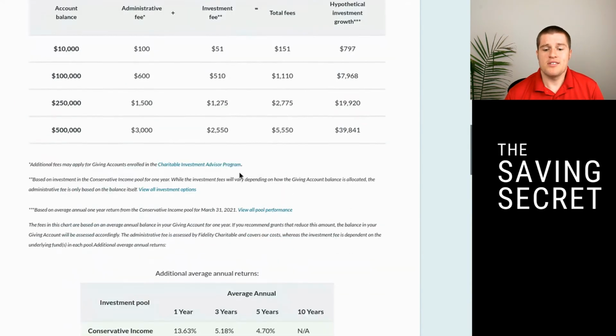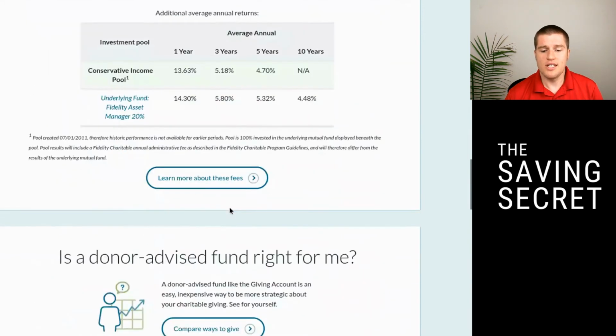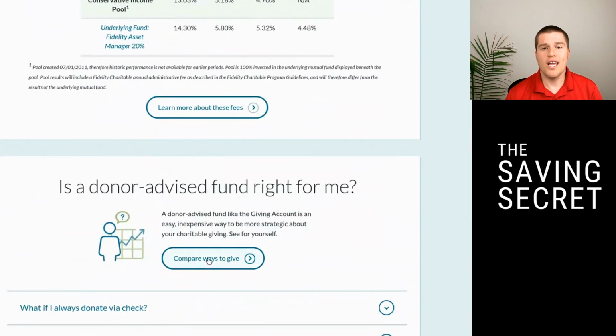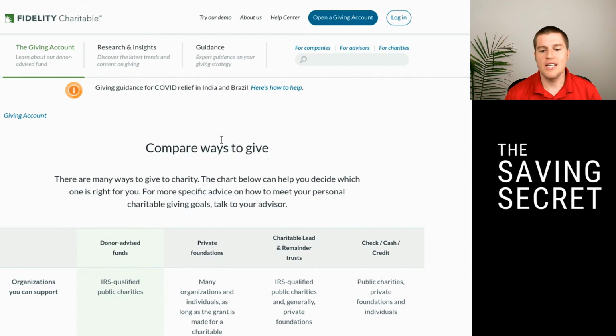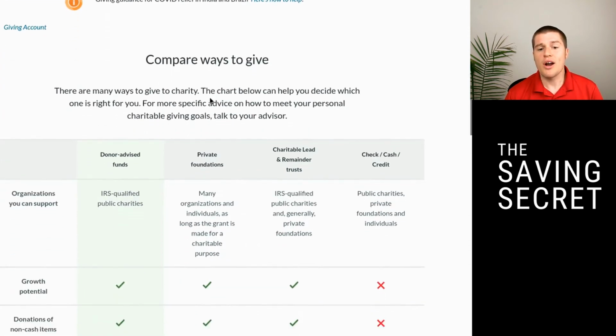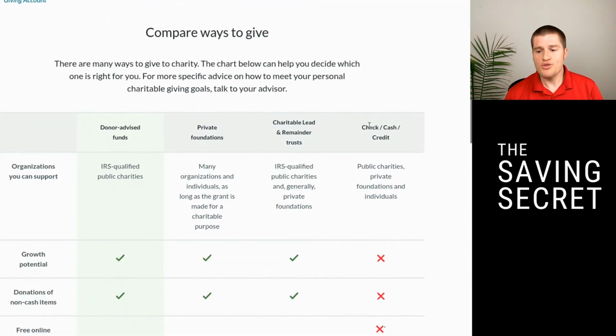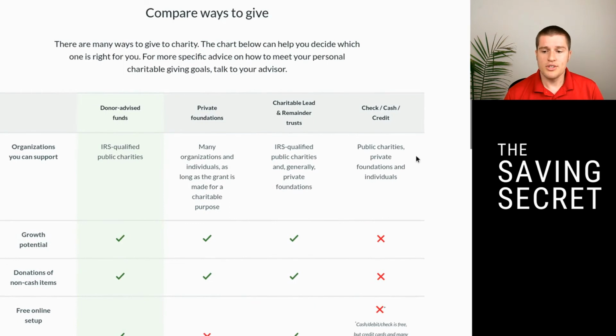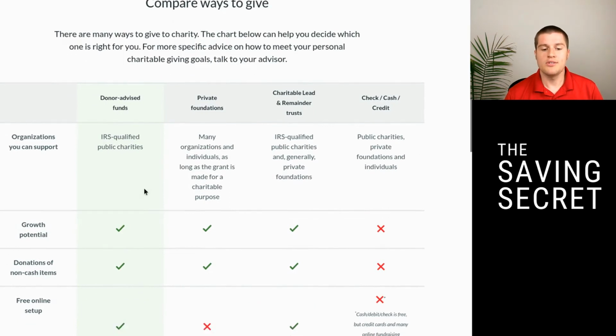Is a DAF account right for you? Let's look at some of the different ways that maybe you currently can give. What are some different ways that are out there? So let's compare it to donating a check or cash, or maybe you even donate with your credit card. So obviously you can support different organizations.